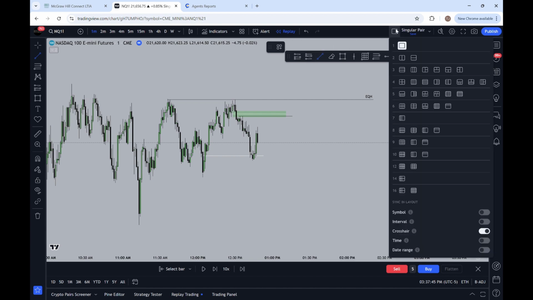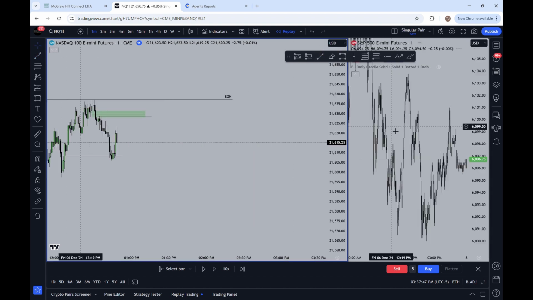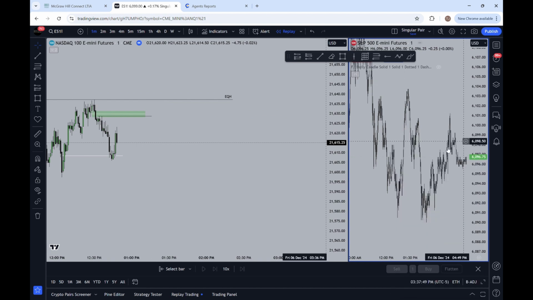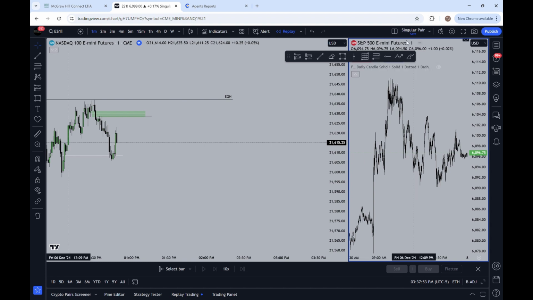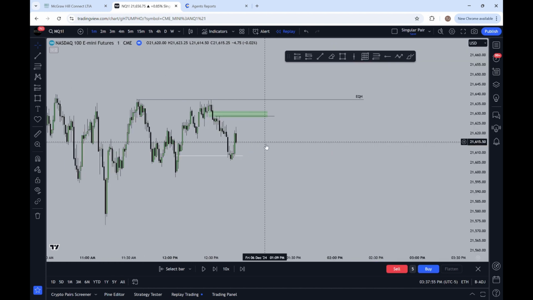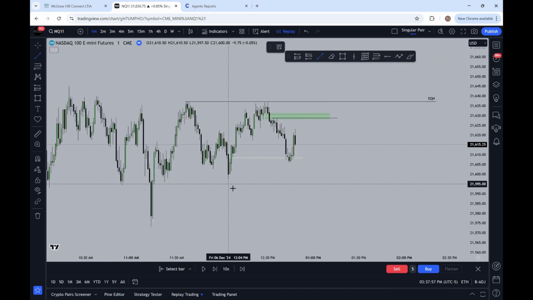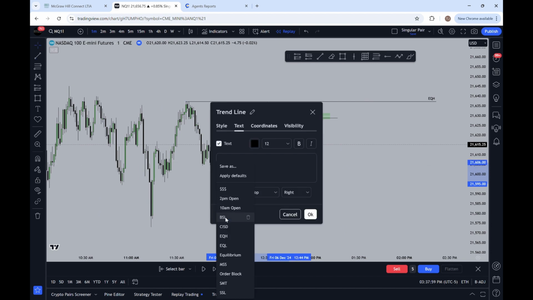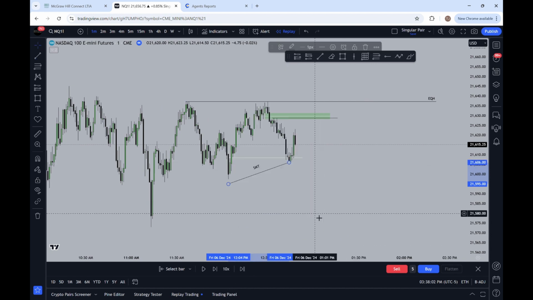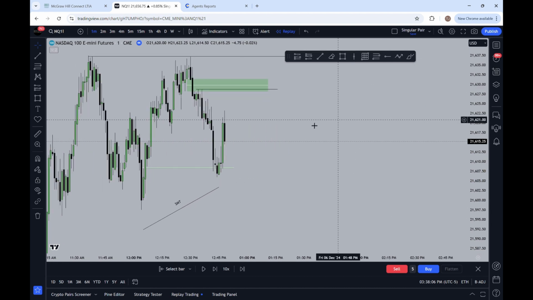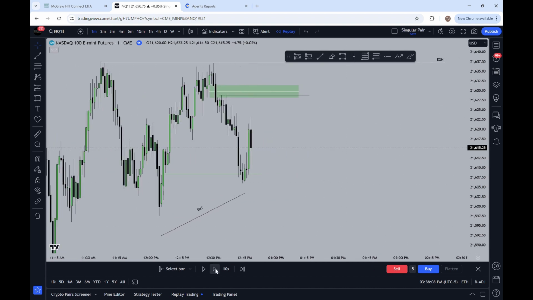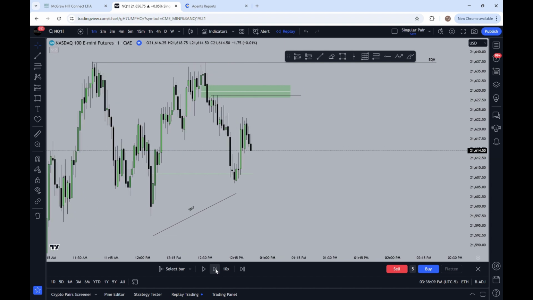Actually, yeah, I will go to it. I don't know if I actually can. I can't, but either way, we had an SMT with ES right here, which was another reason I was super bullish. I knew we were going to take out these highs, these equal highs. I just wanted an entry.